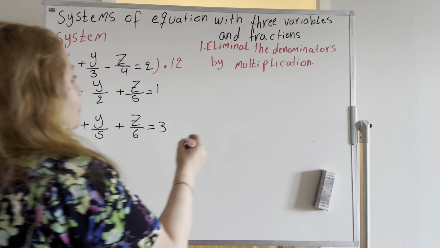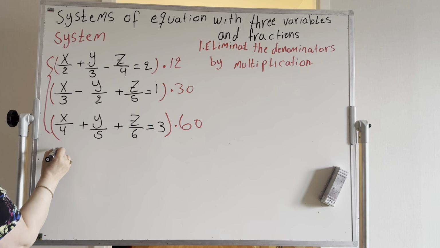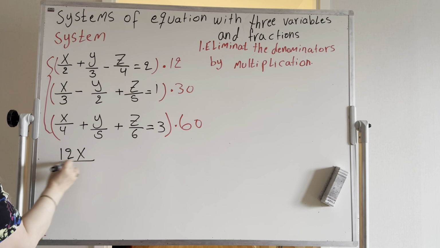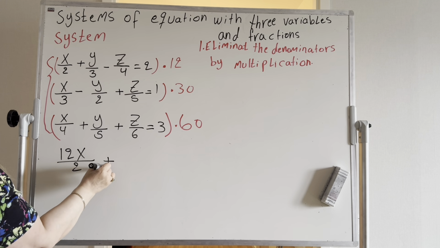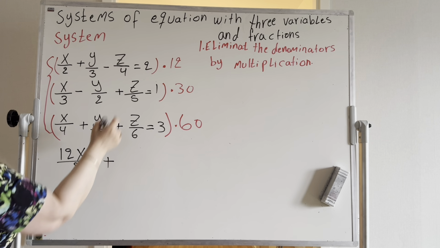12 by x divided by 2, 12x divided by 2 plus 12 by y divided by 3 minus 12 by z divided by 4 equals 2 by 12.